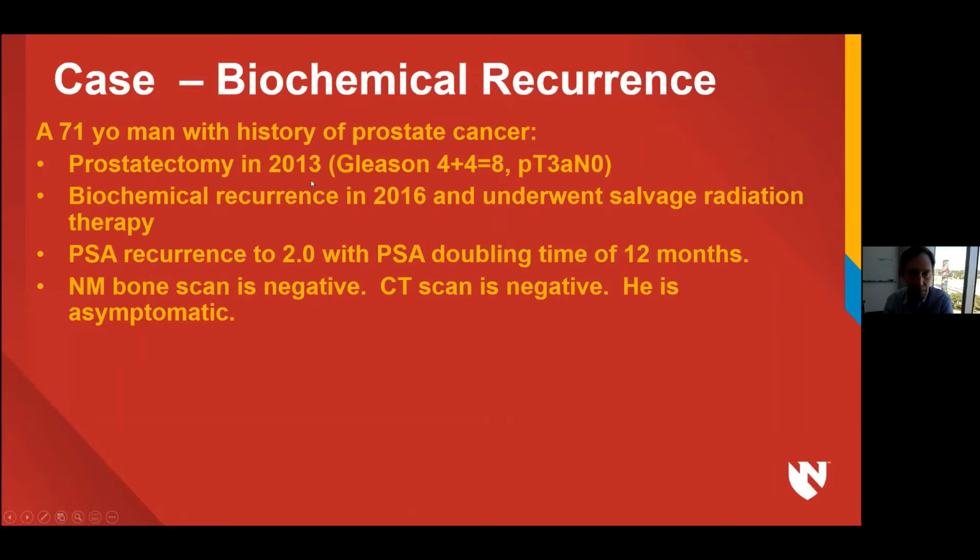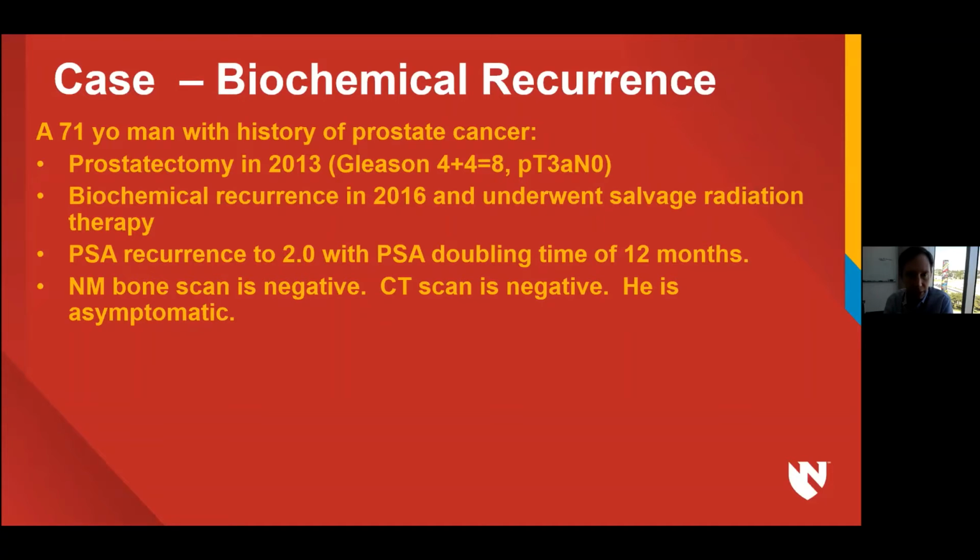This would be a very common presentation for a patient we manage with biochemical recurrence. A 72-year-old man has a history of prostate cancer. He underwent a prostatectomy in the past. He had high-risk features at the time, including Gleason grade group 4 disease, pT3a disease. Subsequently, he had a biochemical recurrence in 2016 and underwent salvage radiation therapy.